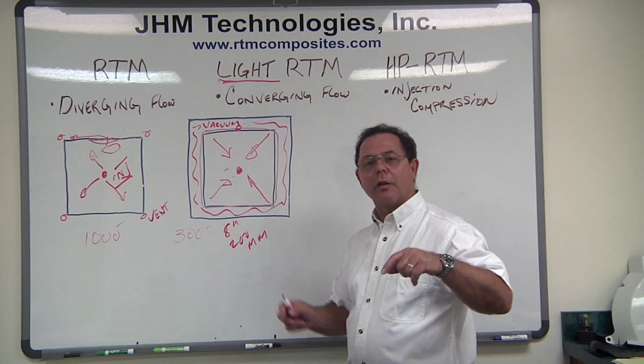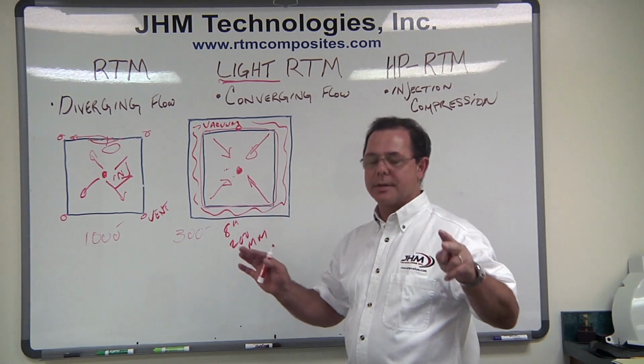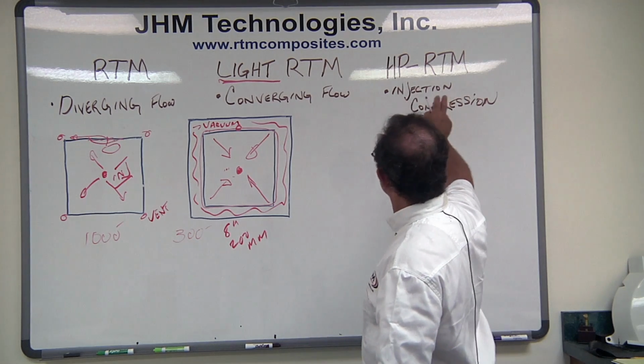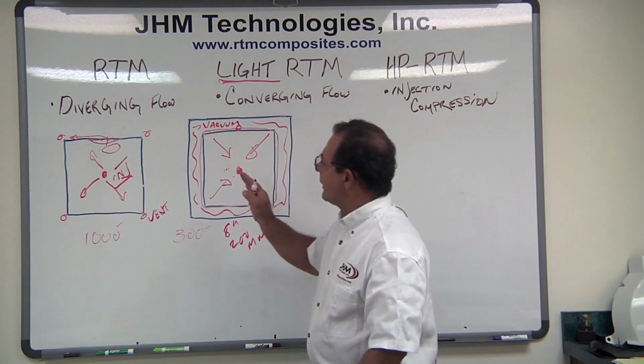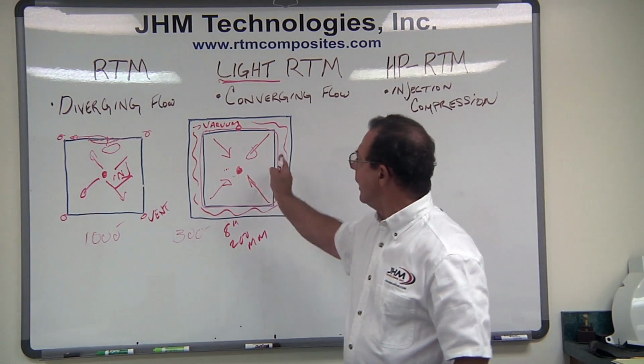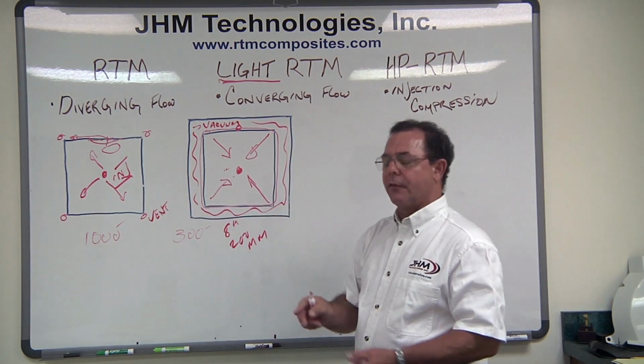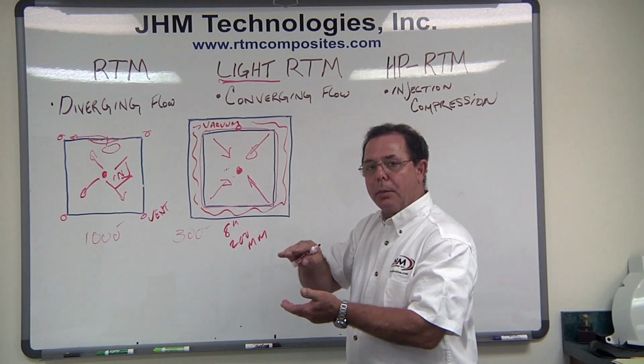Okay, now we hear this buzz of high pressure RTM, brand new technology. No, it's not. High pressure RTM is in effect a converging path or a diverging path; you can design the tool either way. The biggest difference is the mold is left open.